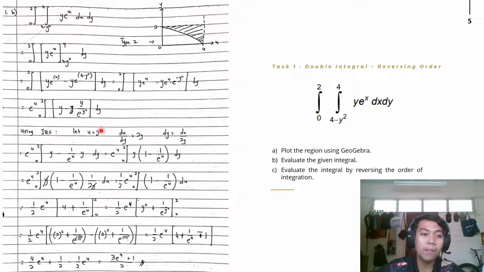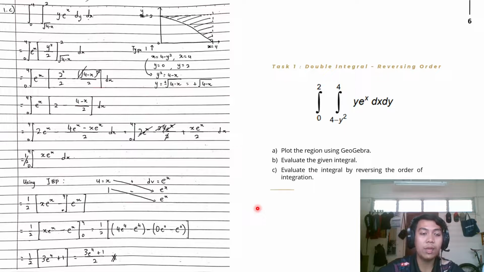Then I differentiate it, and it will equal 2y, so I will let dy equal du over 2y, so I can substitute it inside this equation. Lastly we will get 3 exponent power of 4 plus 1 over 2. This answer must be the same if we reverse the order for question 1c.